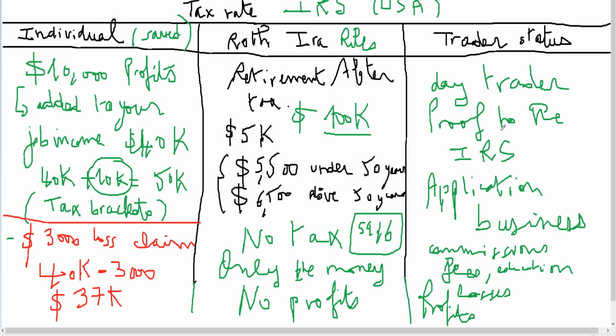But here, if you have, for example, $10,000 as a profit in a year, you will be deducting commissions, fees, and a lot of stuff. And if you lose whatever money you lose, it is deducted from your real income.